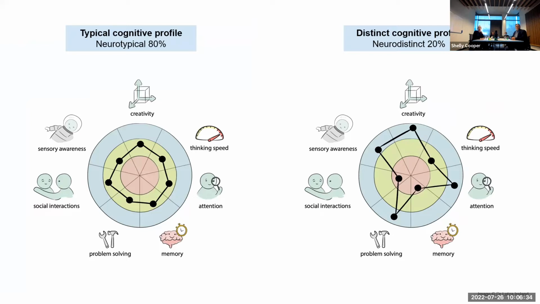And if you look at the image on the right, what you'll see is that for most people, the typical cognitive profile, meaning the most common cognitive profile, not the best cognitive profile, there are still highs and lows, strengths and challenges, but it is within the typical range. And when we have strengths and challenges that are distinct and significant compared to typical, that's when we call someone neurodistinct, because they have a distinct cognitive profile.